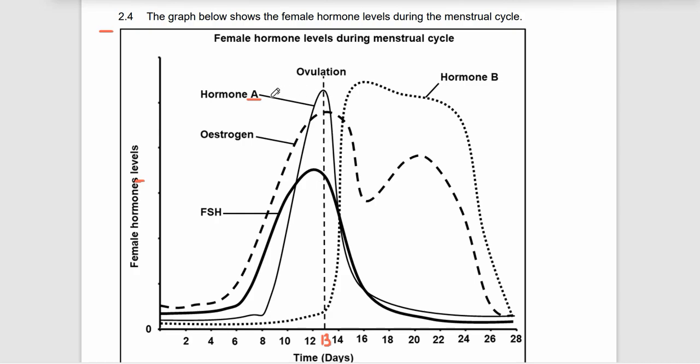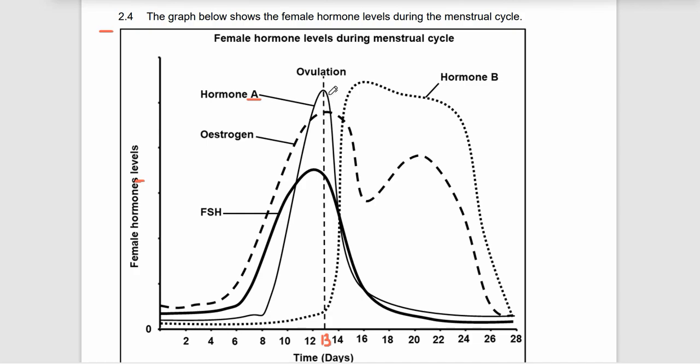The reason I'm saying day 13 is that the levels of hormone A are high on day 13, and immediately after day 13 they go down instantly, and just before day 13 they were down. They started going up at least from day 9, 10, 11, 12.